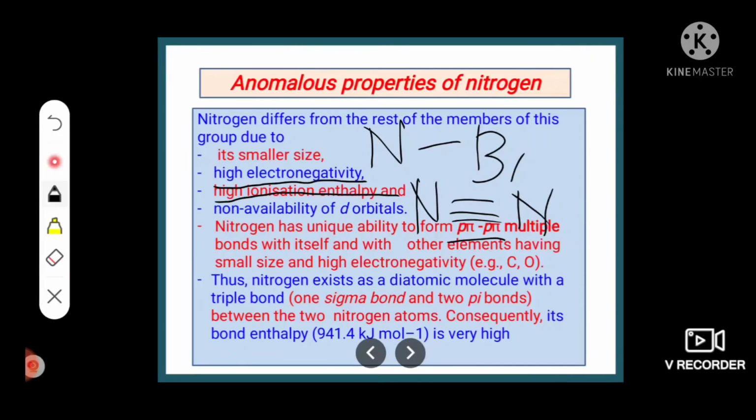Nitrogen is diatomic, while other members do not form diatomic molecules because they do not have p-pi multiple bonds.